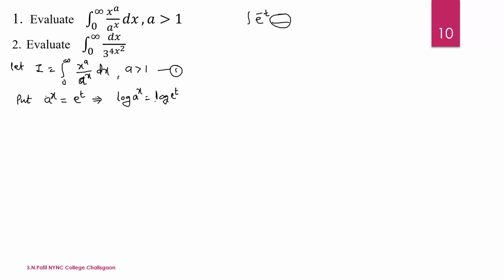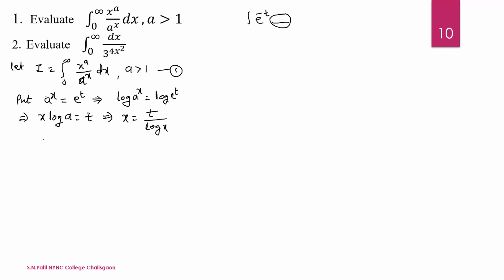It can be written, by the logarithmic property, as x into log a equals t into log e, and the base is e, so simply t remains here. Okay, so here identify the x. So x is equal to t upon log of a. That is, we transfer x to the t.